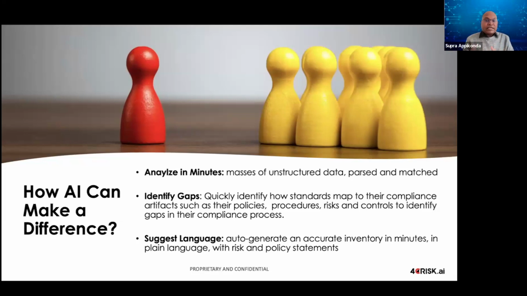AI can assess the design efficacy of compliance artifacts, such as policies, procedures, risks, and controls, to identify gaps against their obligations. It can accelerate the regulatory change management process, from scanning the horizon to identifying the changes, to helping organizations conduct impact assessments and recommend actions relevant for that particular change.